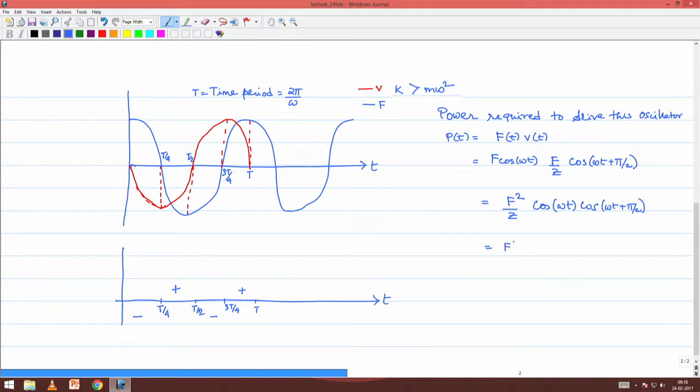We can do a little more calculation by converting this into a sum of cosines.